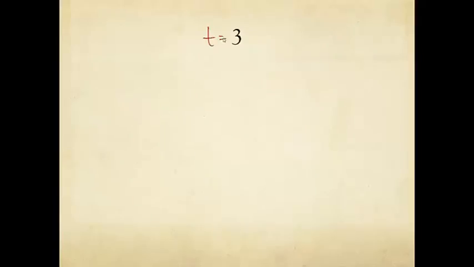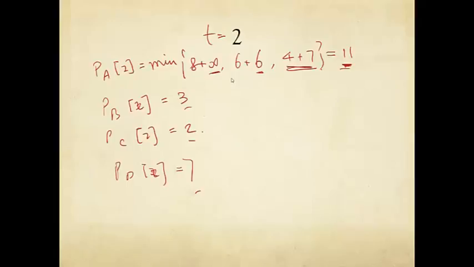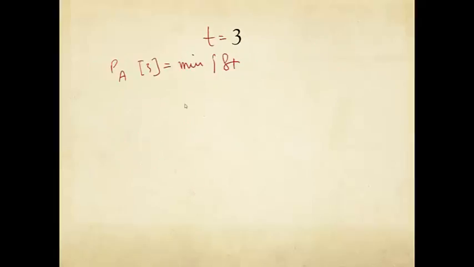Keep going. Iteration 3: you see that PB at iteration 3 is now the min of what? 8 plus what? What does it take for node B to get to the destination? 3. Okay, very good. 8 plus 3, 6 plus 2, 4 plus 7.